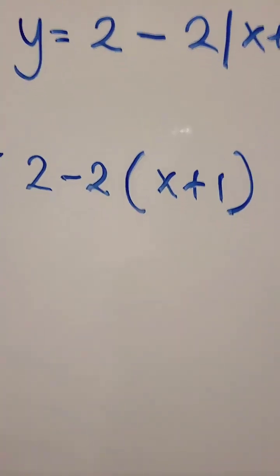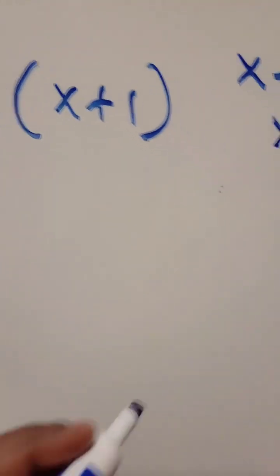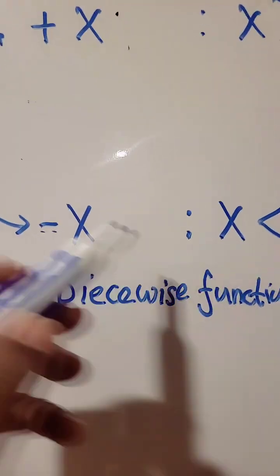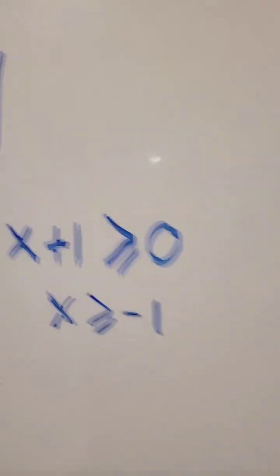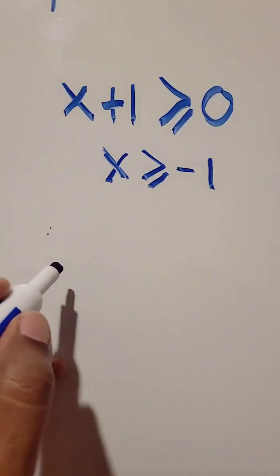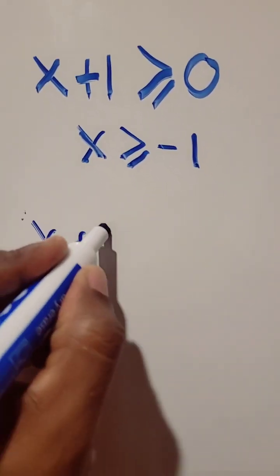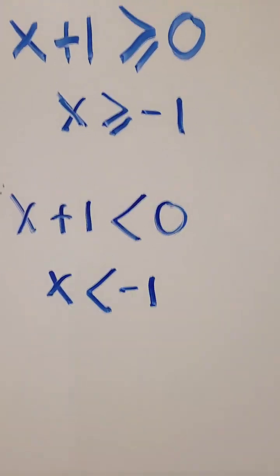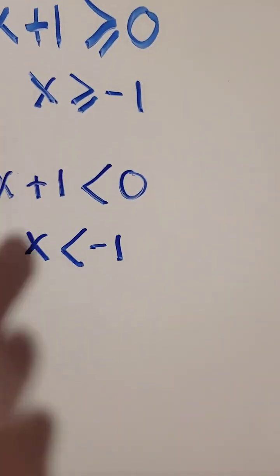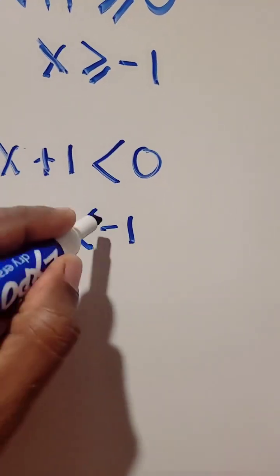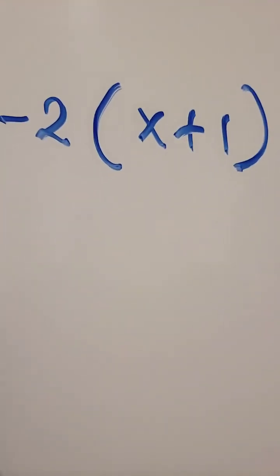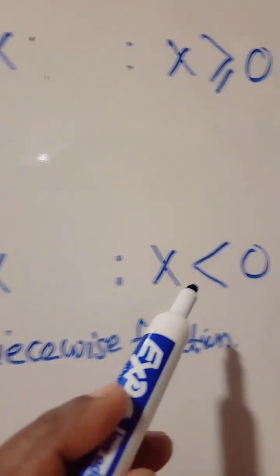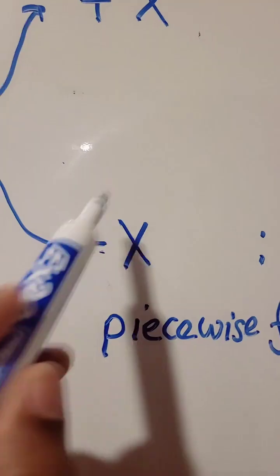And then we are going to look at the second part of our piecewise function. Just like this one, x less than 0. Here, x means whatever is inside the absolute value. So that's going to be x plus 1 less than 0, or x less than minus 1. So when that condition happens, we will have 2 minus 2, and look, when x is less than 0, it's minus x, right?